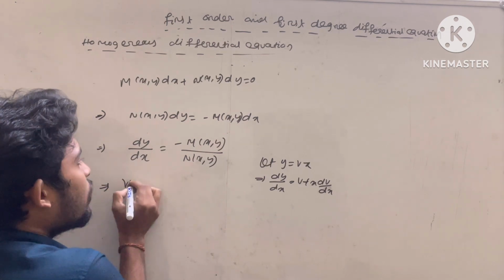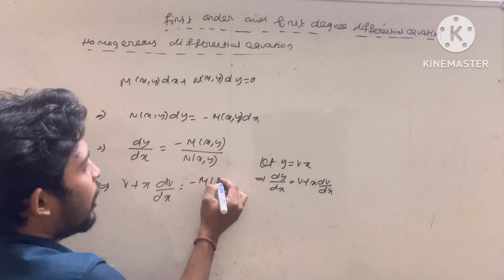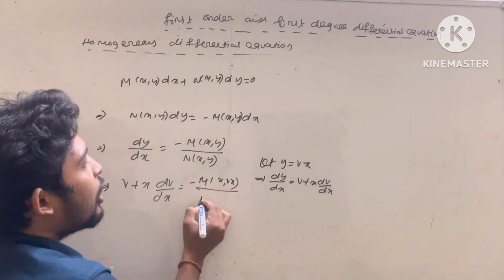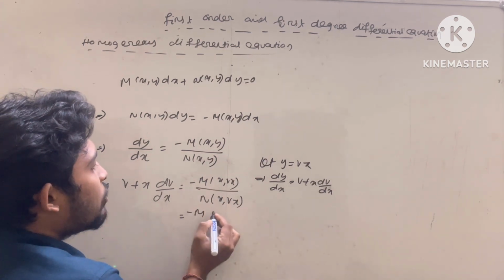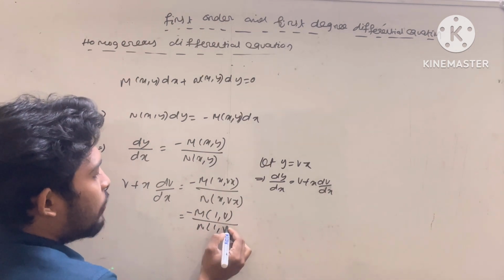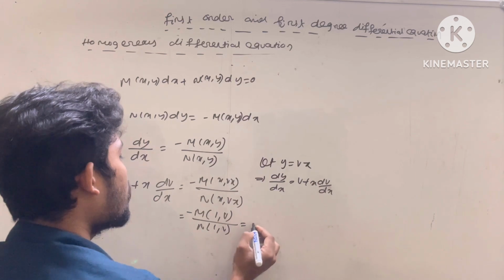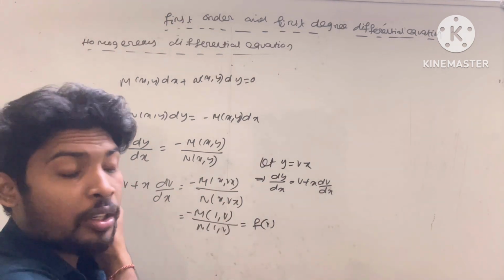So this is v plus x dv by dx, and this is minus M(x, vx) divided by N(x, vx), which becomes minus M(1,v) divided by N(1,v). This is a function of v. Simply take this as a function of v, since x is cancelled out from the numerator and denominator.